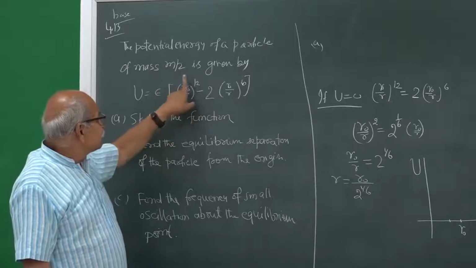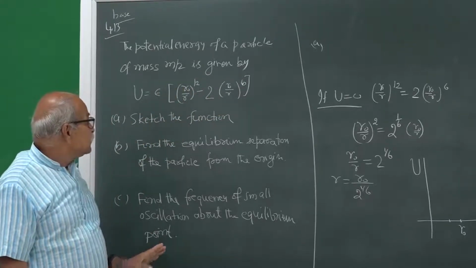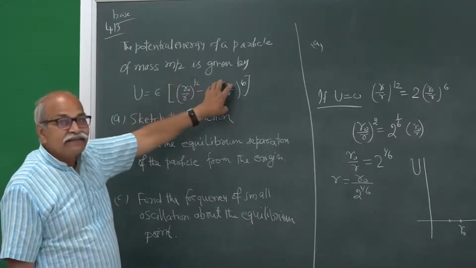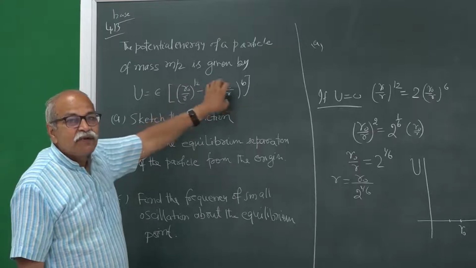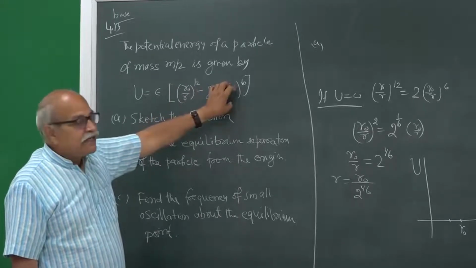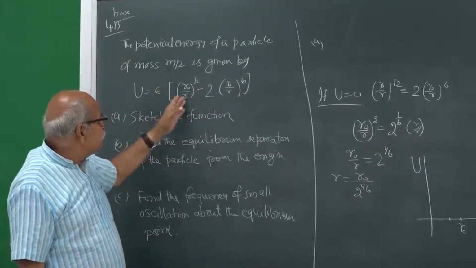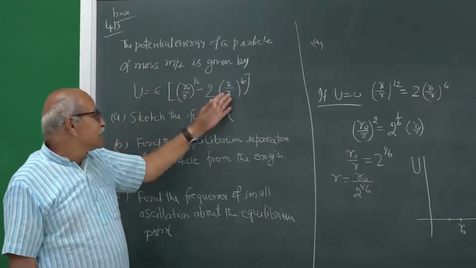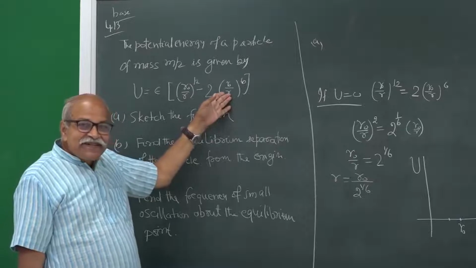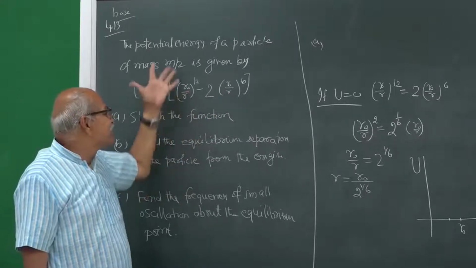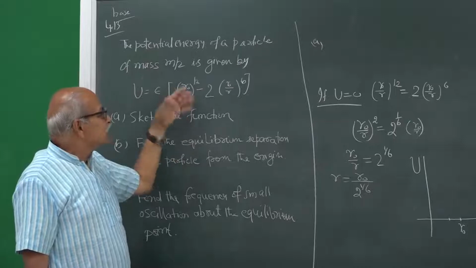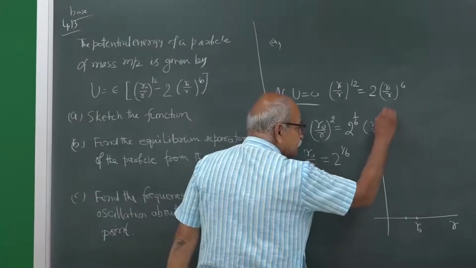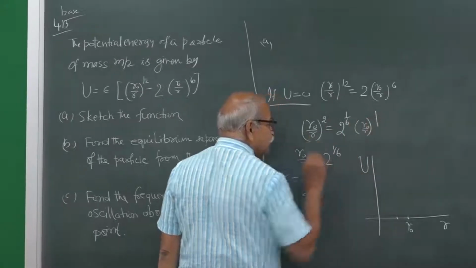That means, for very small r, this term is much larger than the other, so the whole quantity is positive and going to infinity. That means, for very small r, the curve is coming from here.